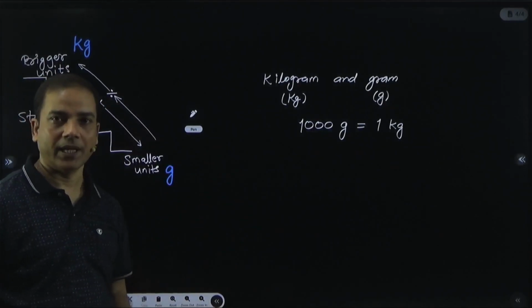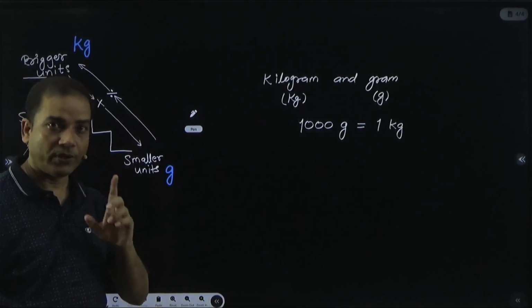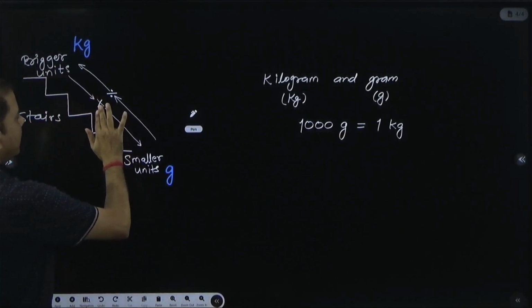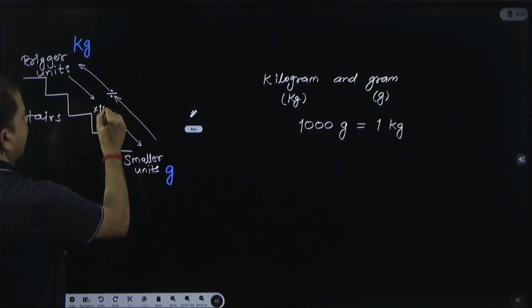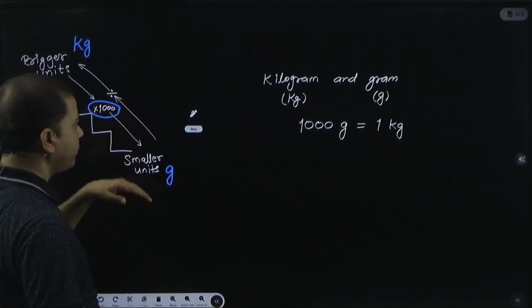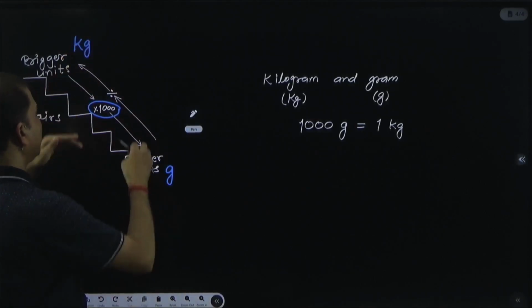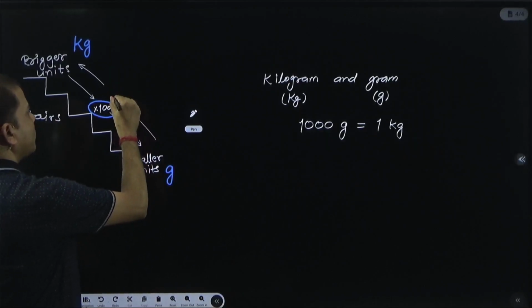What is the number involved in the relation? 1000. We don't take 1, we take 1000. So multiply with 1000. And if you change gram to kilogram, smaller to bigger, you will divide. And divide by how much? 1000.